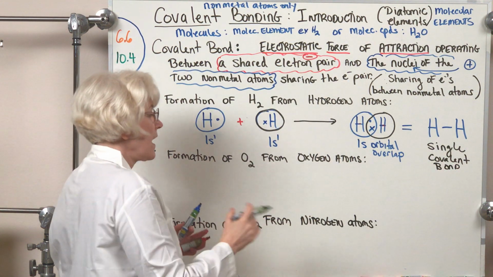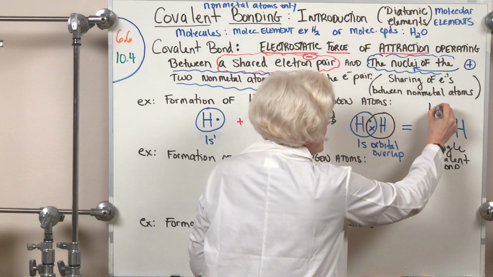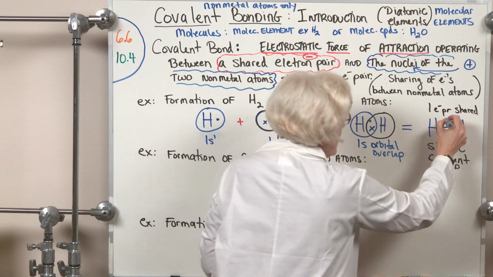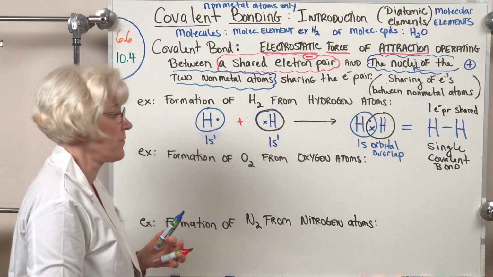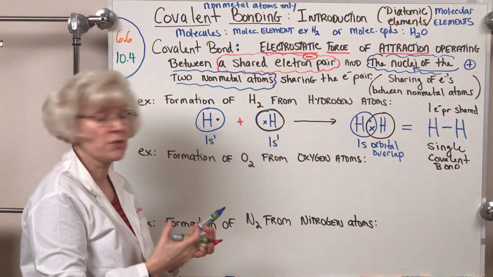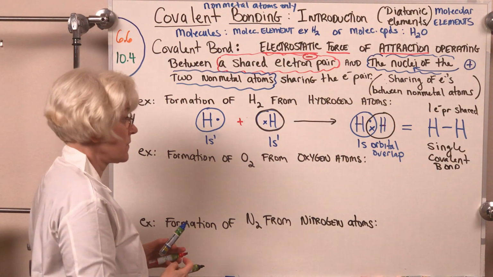A sharing of one pair of electrons, one electron pair shared, equals a single covalent bond. And that's what you find holding two hydrogen atoms together in the diatomic hydrogen molecule.